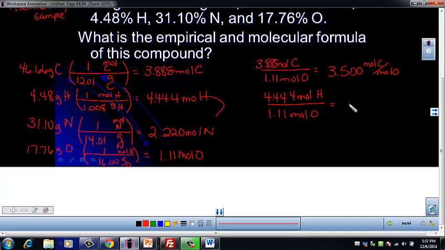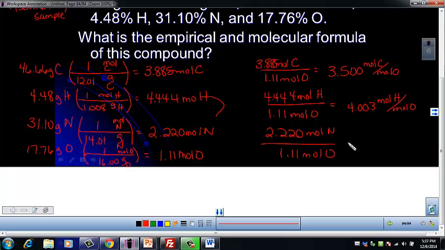And for this one, I got 4.003 moles of hydrogen per mole of oxygen. And then our next one is nitrogen, 2.220 moles of nitrogen divided by 1.11 moles of oxygen. And when you put that in your calculator, I got 1.998 moles of nitrogen per mole of oxygen, and I think it's safe to call that 2.